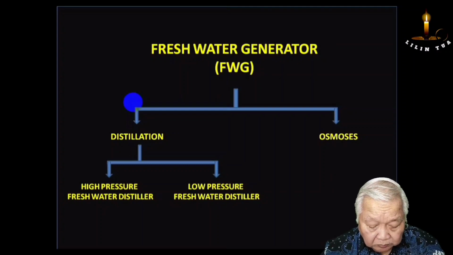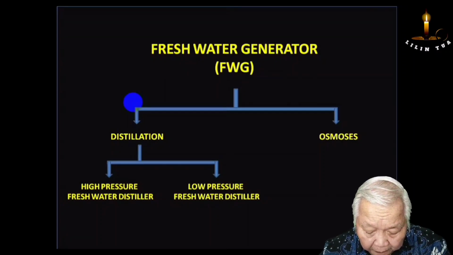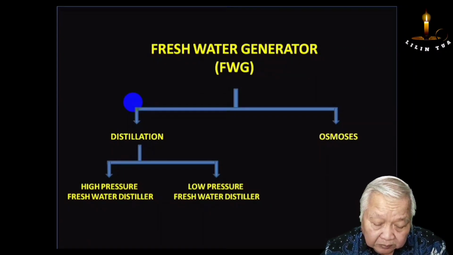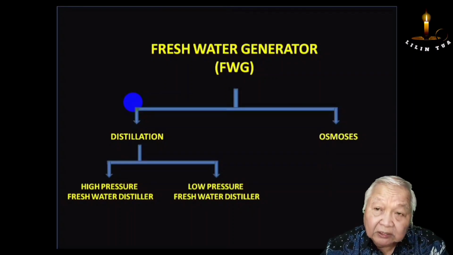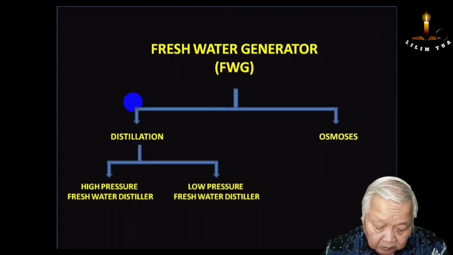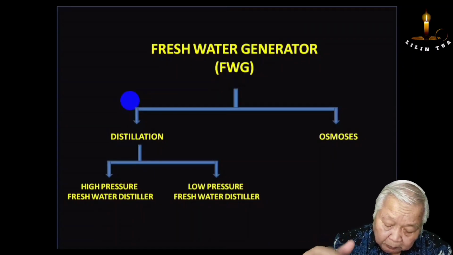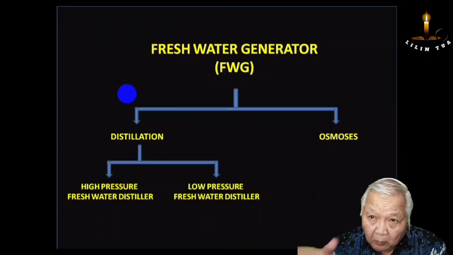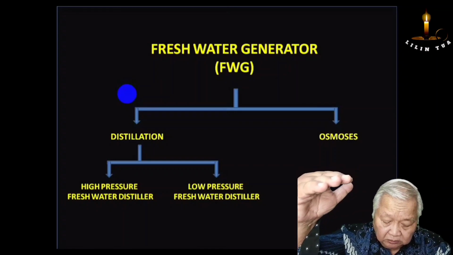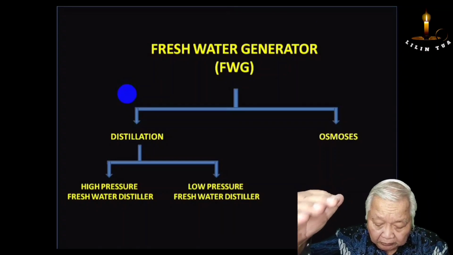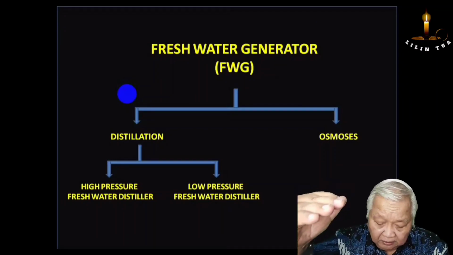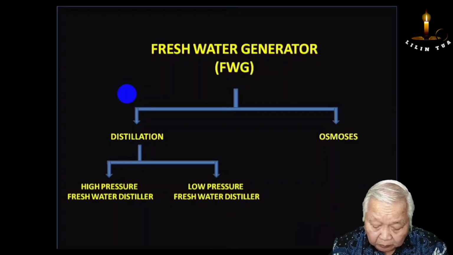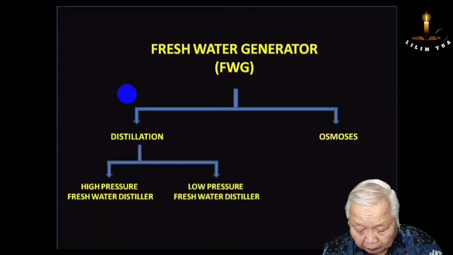As we know, the evaporation temperature is very dependent on the surface pressure of the liquid to be evaporated, where the higher the surface pressure of the liquid, the higher the temperature required for the evaporation process.